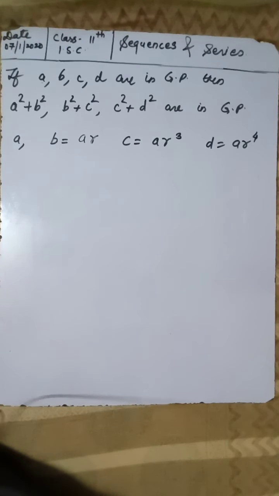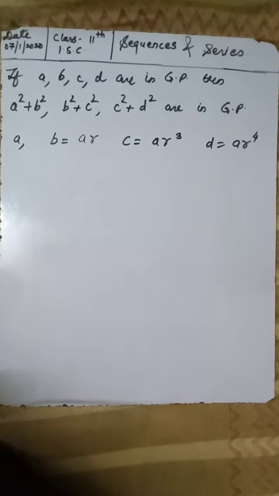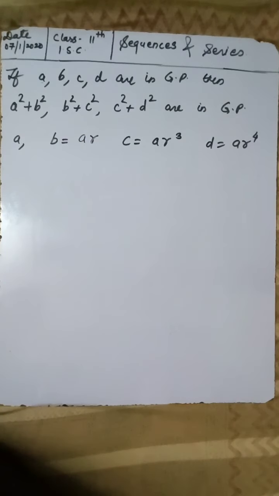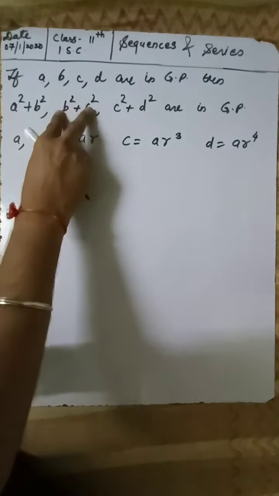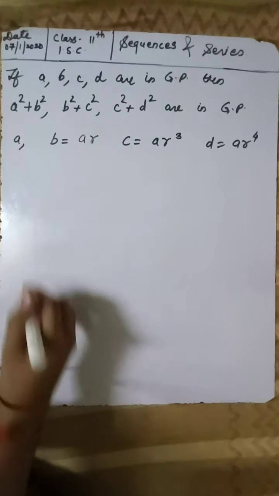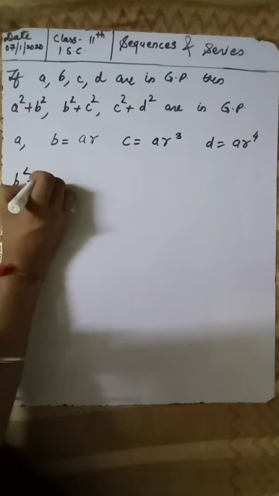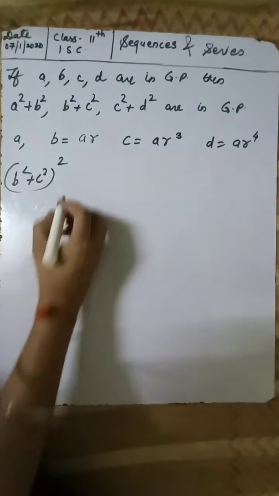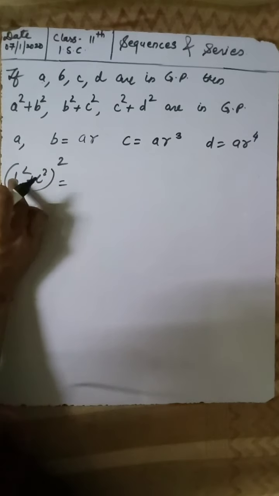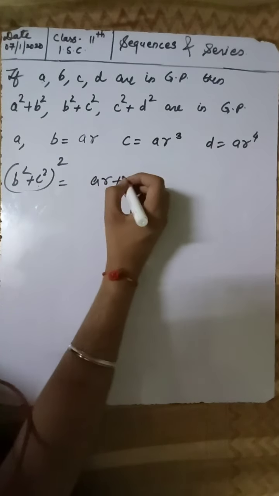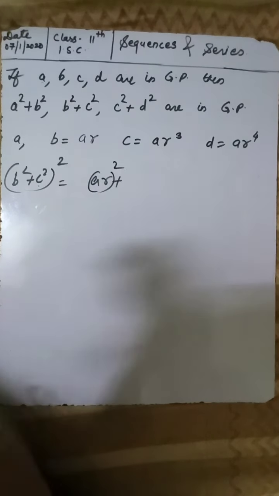Okay, now to prove that these three terms are in GP, what we have to prove is that the square of the second term will be equal to the product of the extreme terms. So let us go and find B square plus C square the whole square. B square is AR the whole square.